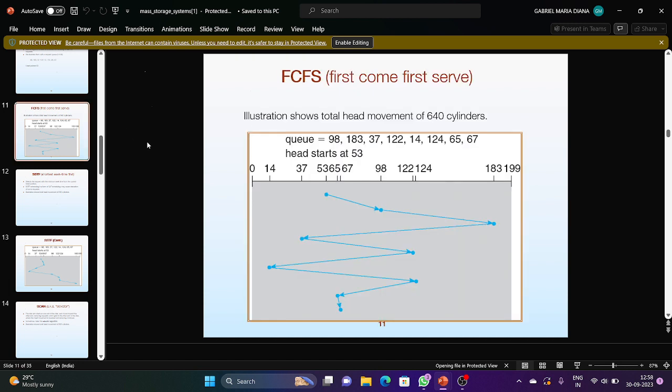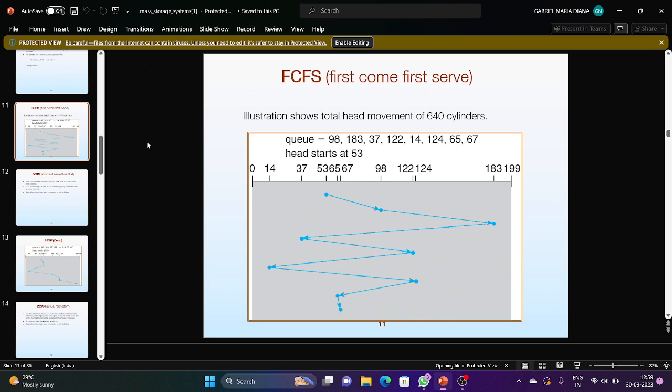The first one is the first come first serve algorithm. Let us consider we have 200 platters arranged in a secondary storage. We need to access the data stored in the sectors in the form of a ready queue.